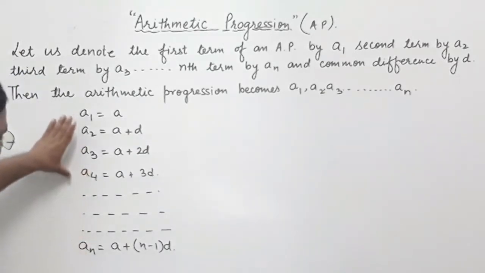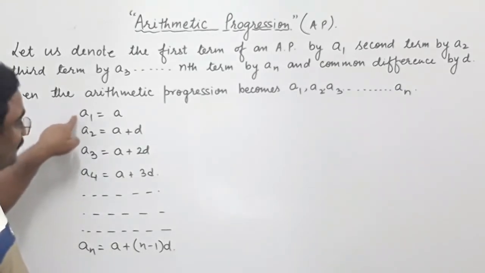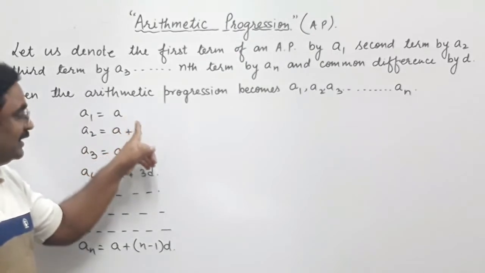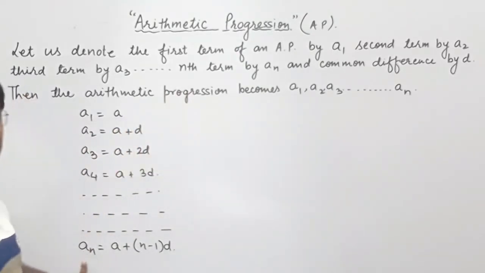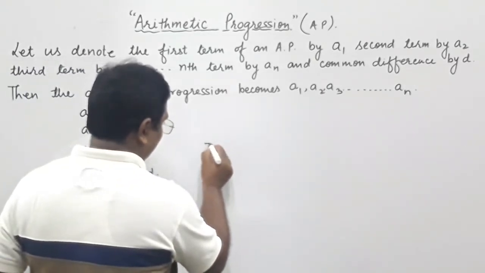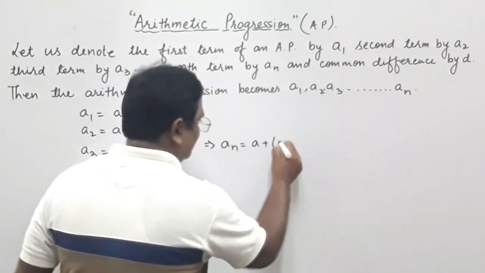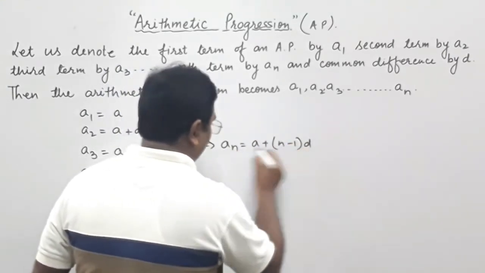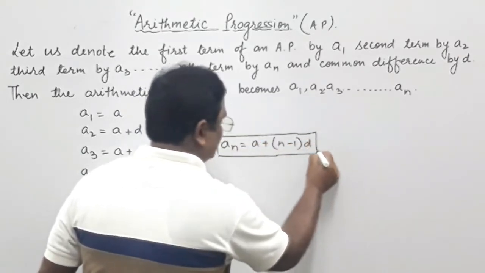So these are the terms where A1 is called the first term, which is represented by a, d is called the common difference, and An is called the general term. The formula for finding its general term is An equals a plus (n minus 1) into d, which is the basic formula.